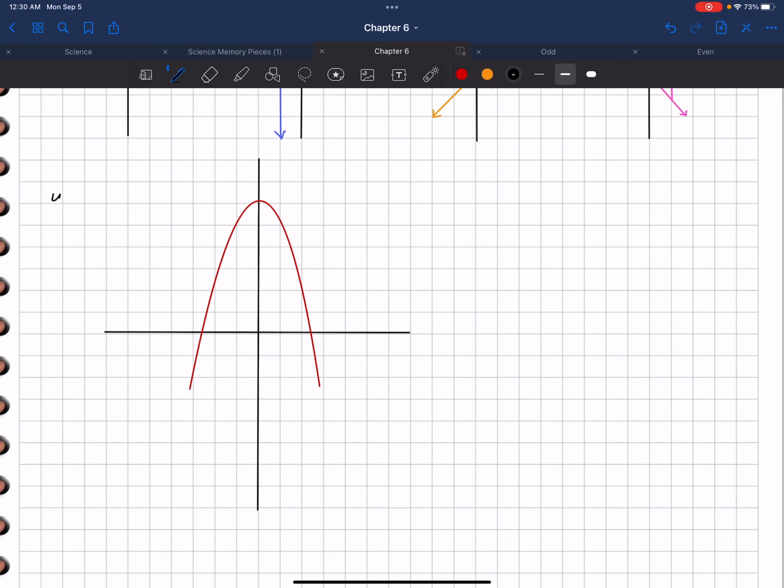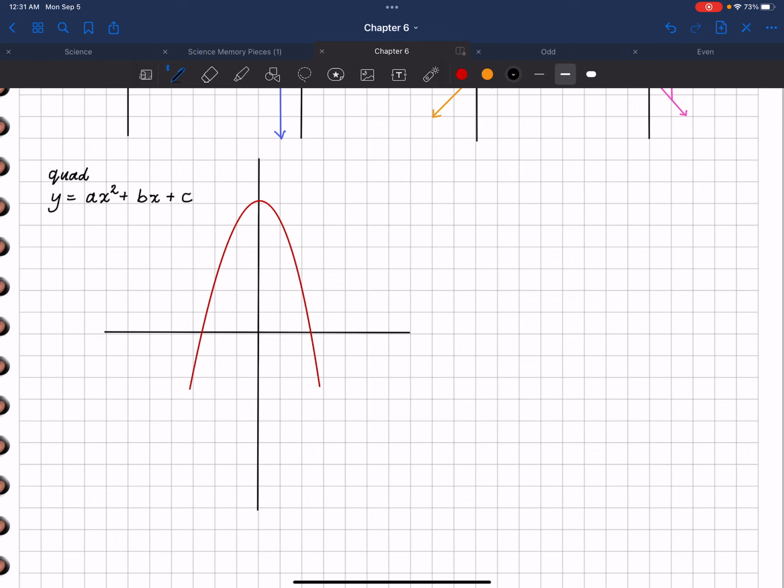So it is going to be y equals ax squared plus bx plus c. So this is the general pattern for a quadratic equation.